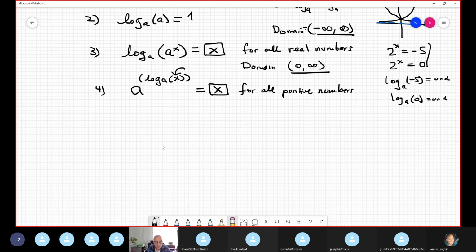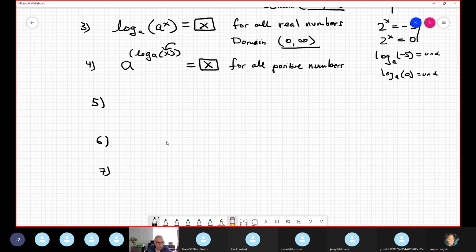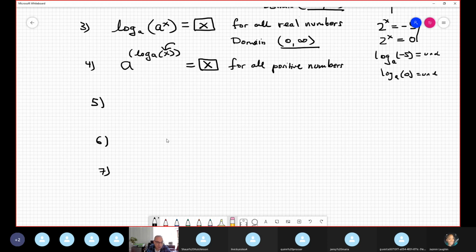Right now, property 5, property 6, and property 7 are the key, super important properties. The first property, number 5, says the logarithm of any base of a multiplication of two expressions, which I call m times n, you can split like m plus n. That's fantastic because, remember, the idea behind the logarithm is the exponent.